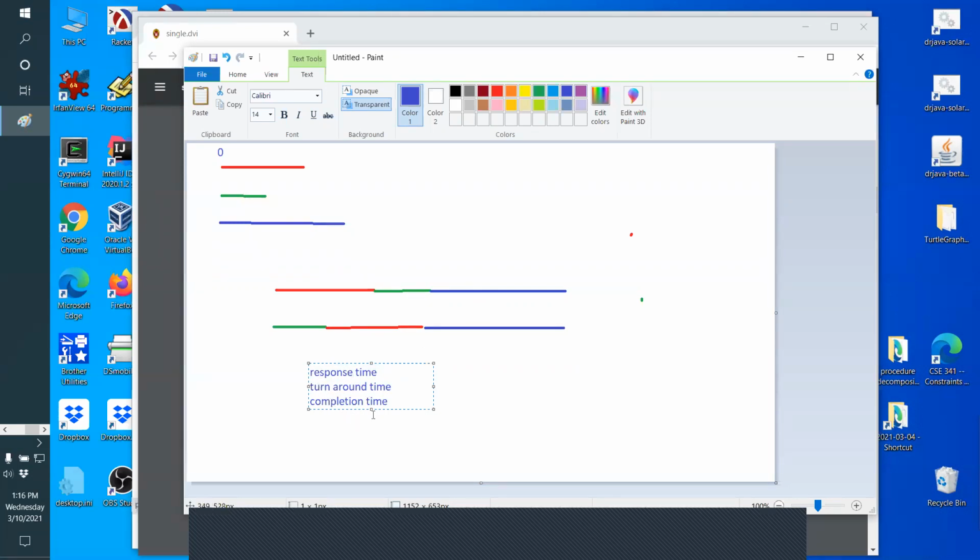You want the average response time to be as good as possible, and you want the average turnaround time to be as good as possible. Later on, we'll do actual calculations and see which of the several different schedules you can give these three is best. For example, the worst schedule you could give these, from almost everybody's point of view, would have been to do the blue one first.